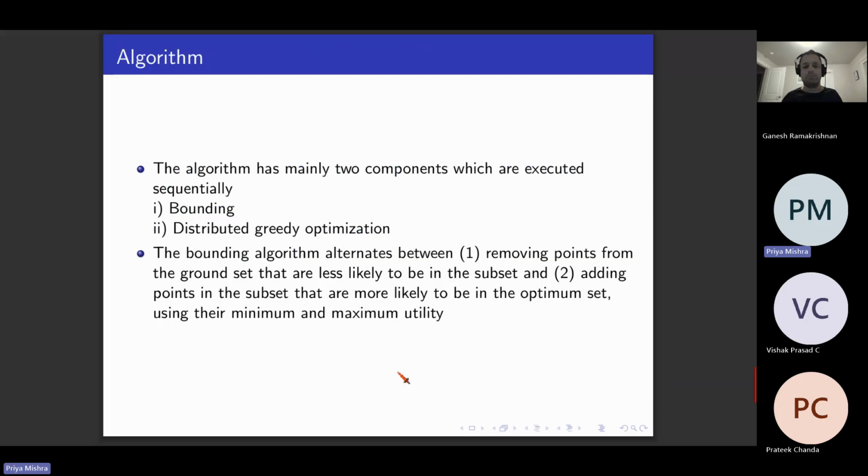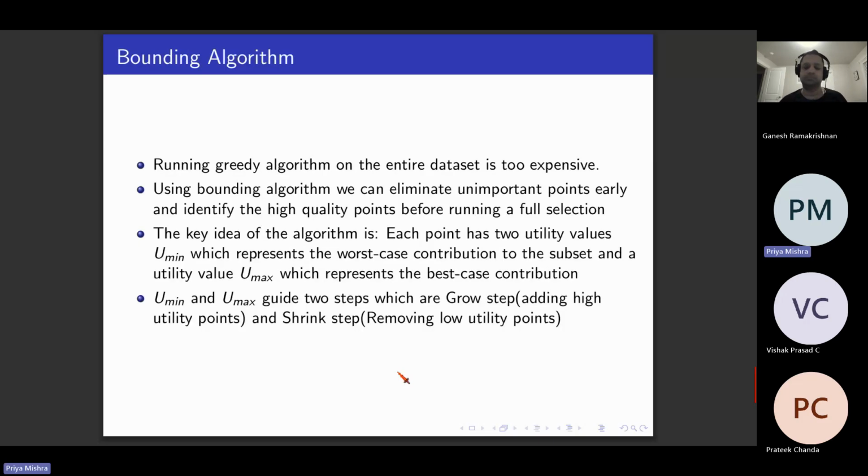In the reduce step, we reduce the original data set by removing the points which are not useful or unimportant to us. And in the grow step, we add points to the subset which are more important or highly likely to be in the data set.